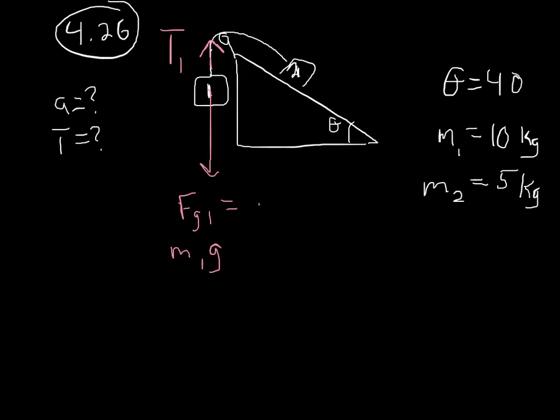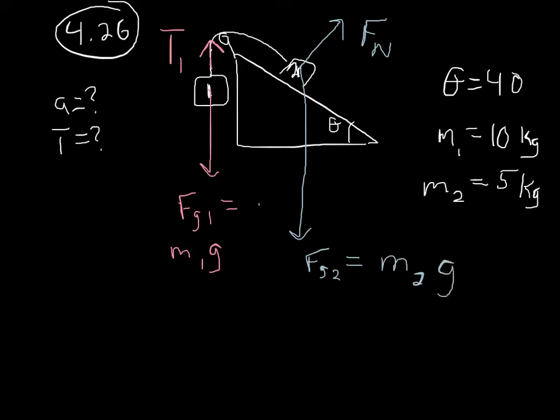Let's look at the second box. What forces are acting on the second box? Normal force, which acts perpendicular to the surface. Gravity acts straight down. Force of gravity on the second block is equal to the mass of the second block times g.